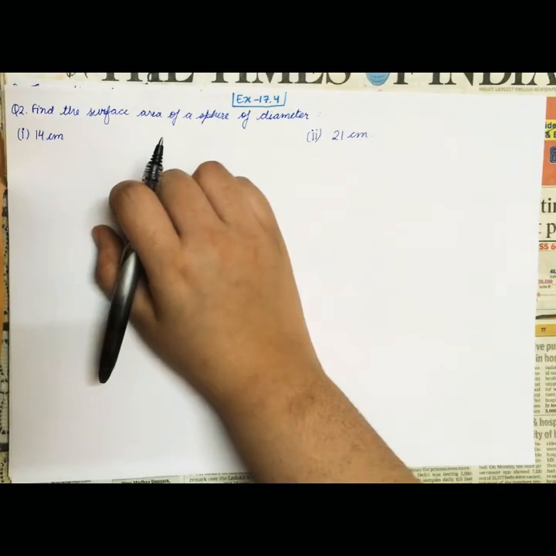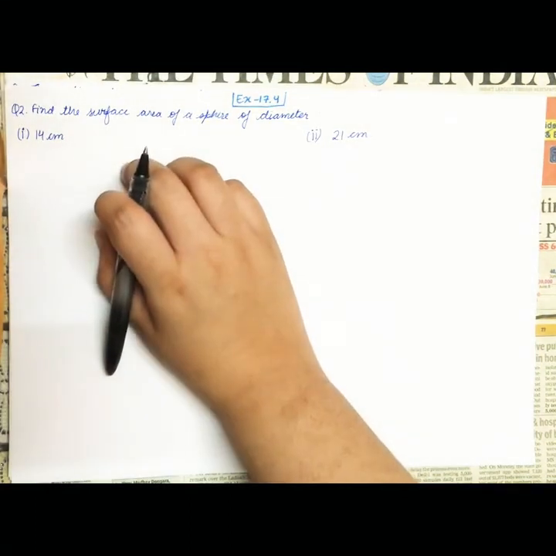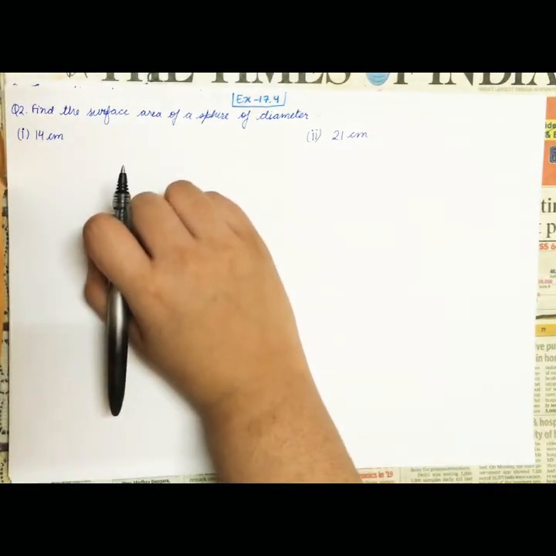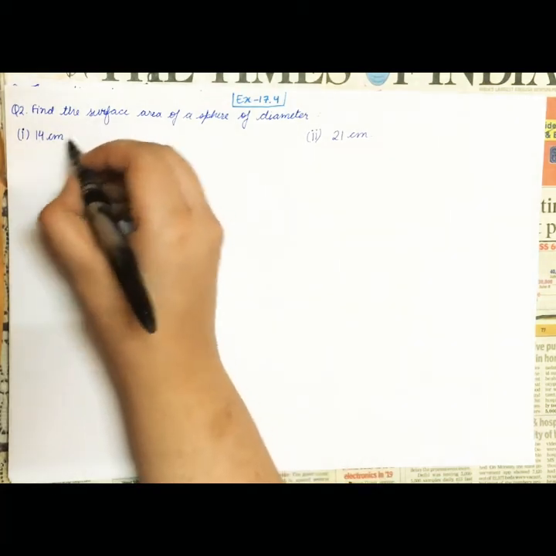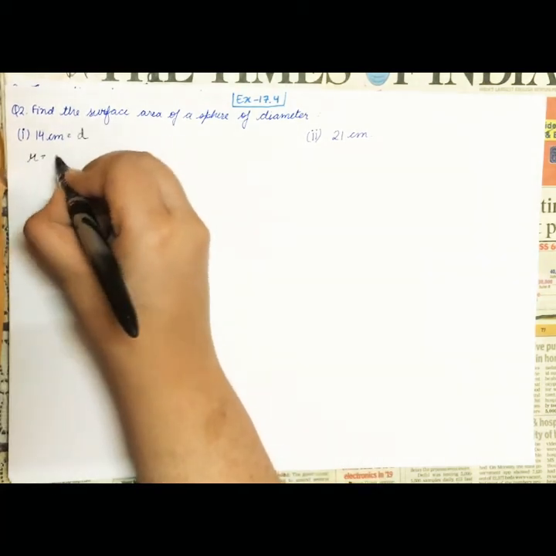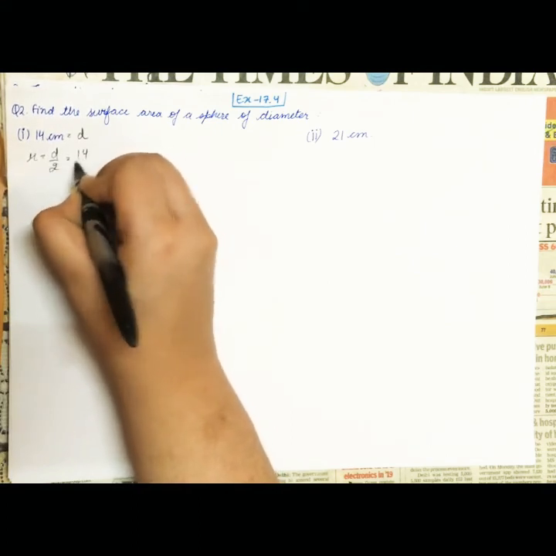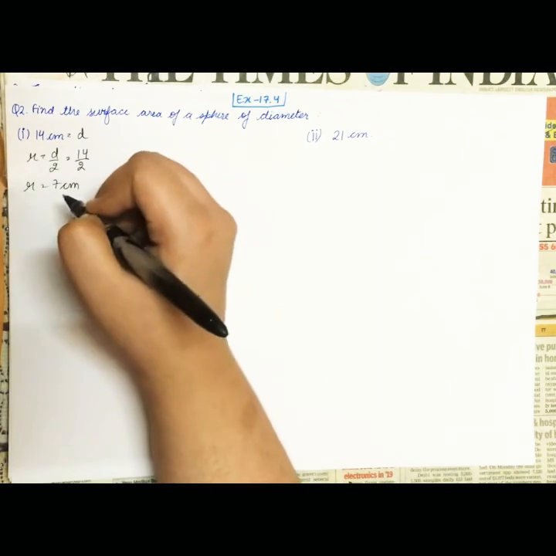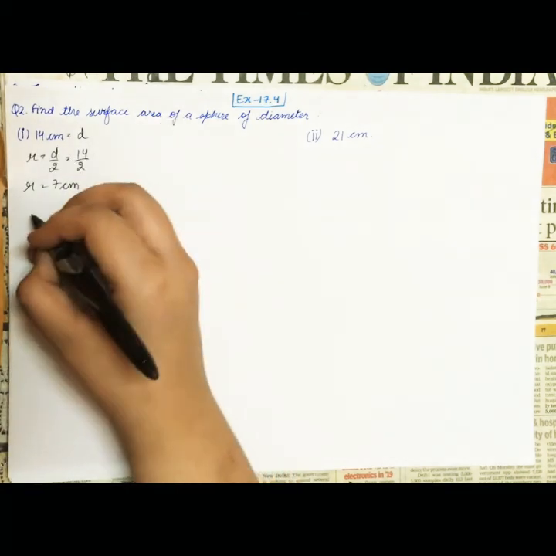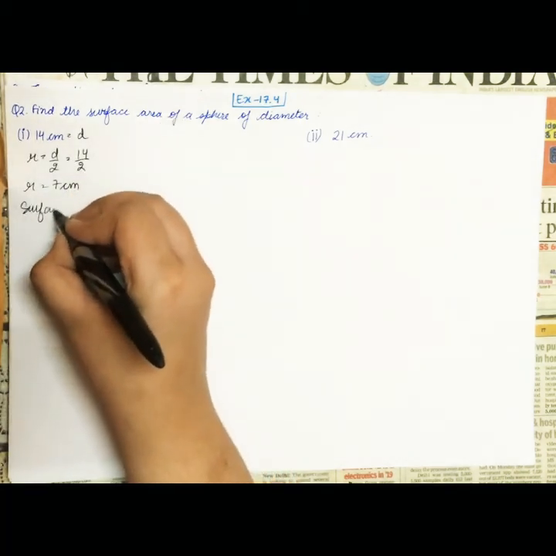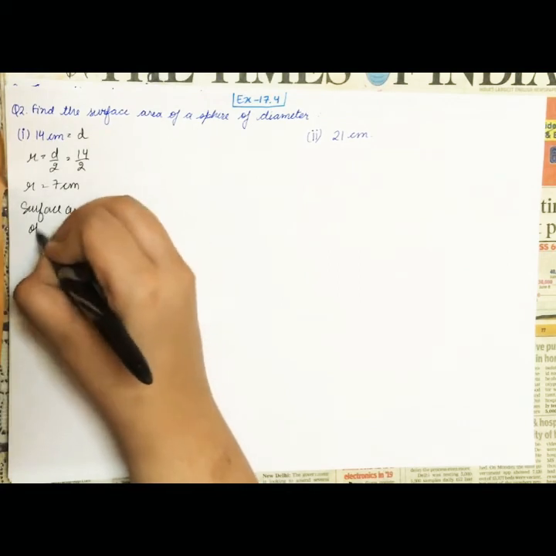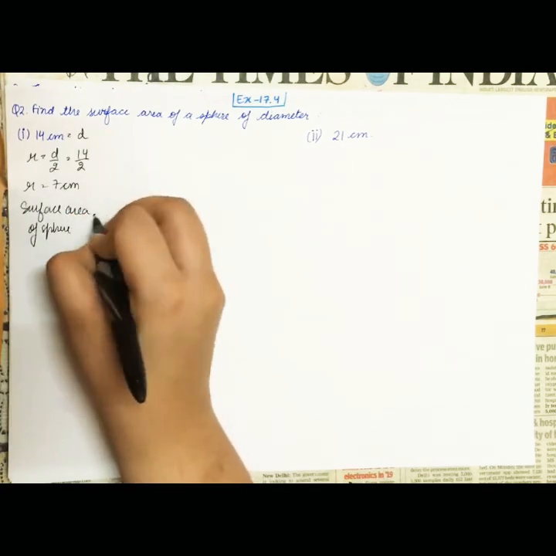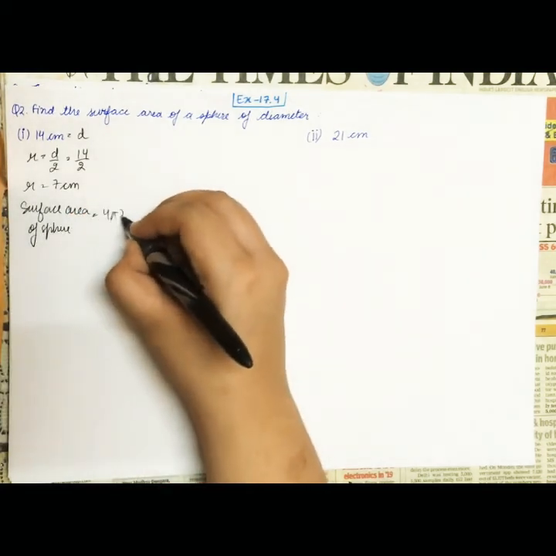Exercise 17.4, question number 2. First part, in this the diameter is given to us as 14 centimeter. Therefore, radius will be diameter by 2, that is 14 centimeter by 2. Radius is equal to 7 centimeter. Now, surface area of a sphere is equal to 4 pi r square.